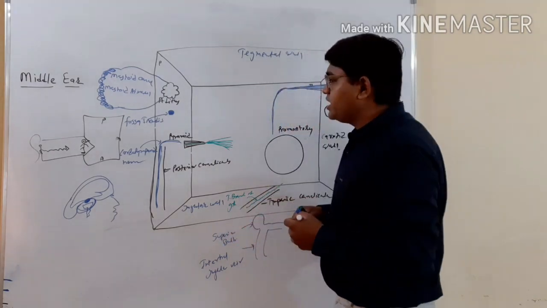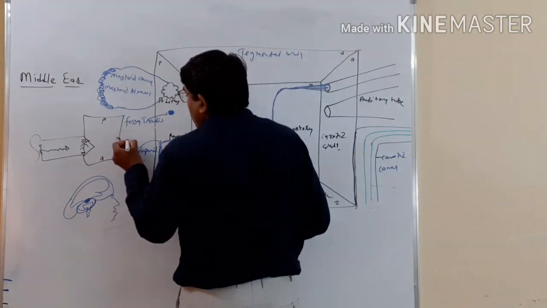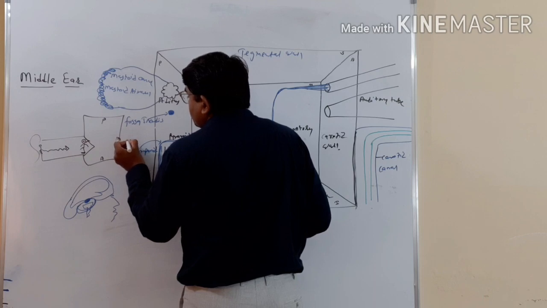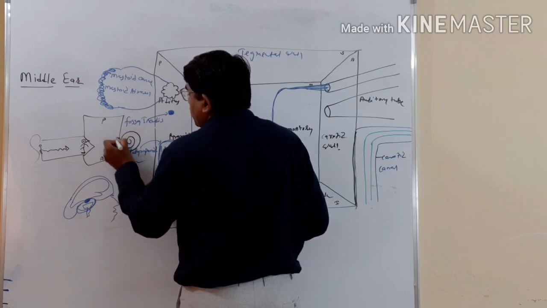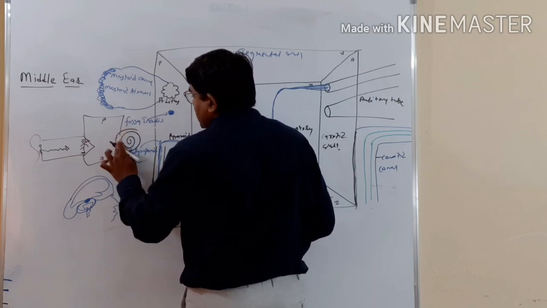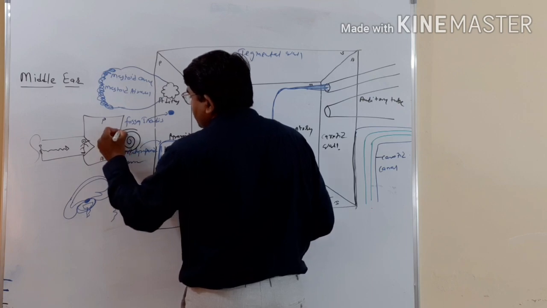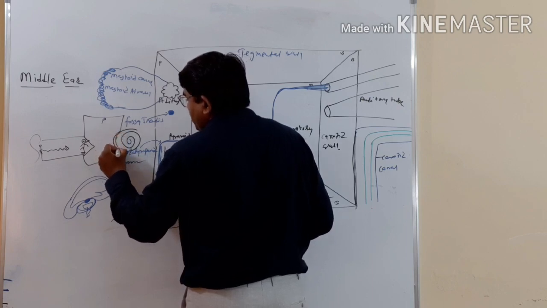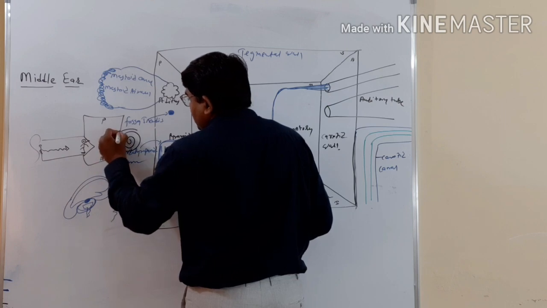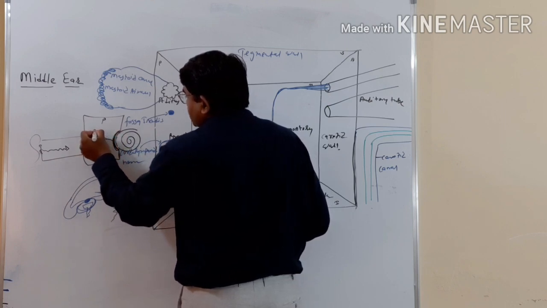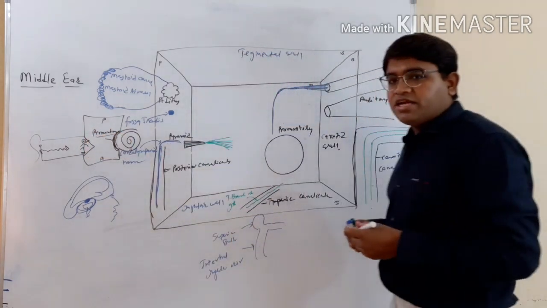It is a bulging of the first turn of the cochlea. Here you can see that the cochlea is bulging into this middle ear cavity, and this bulging of the cochlea is known as the promontory of the middle ear cavity.